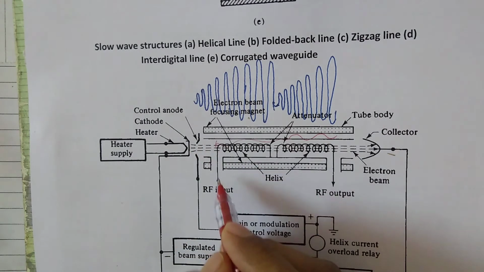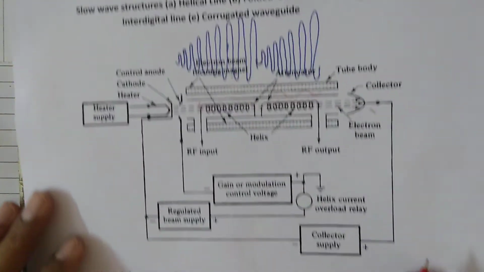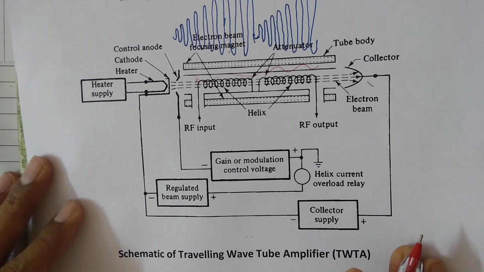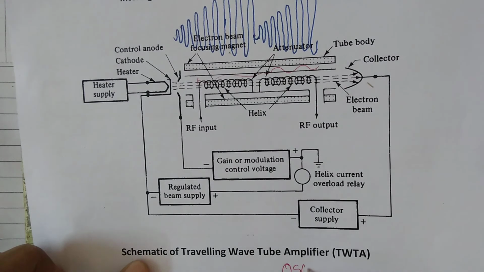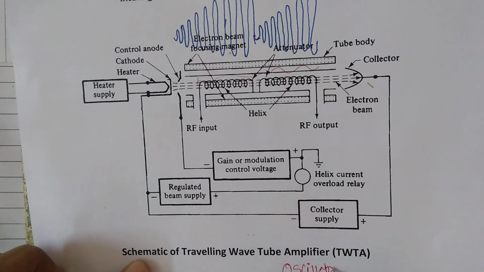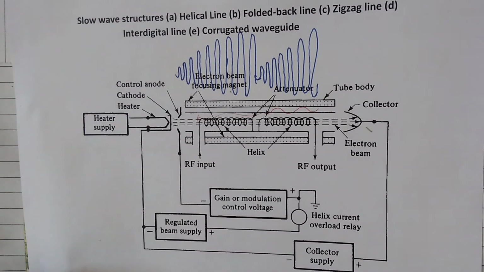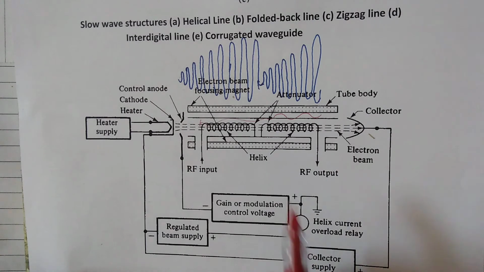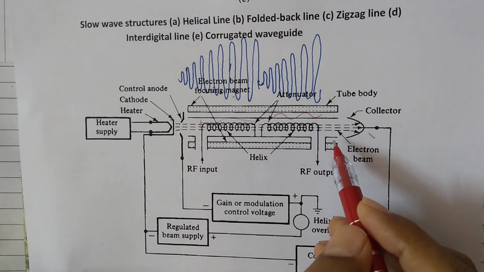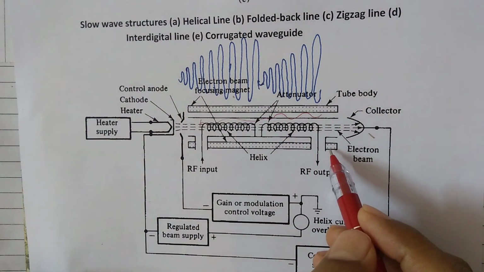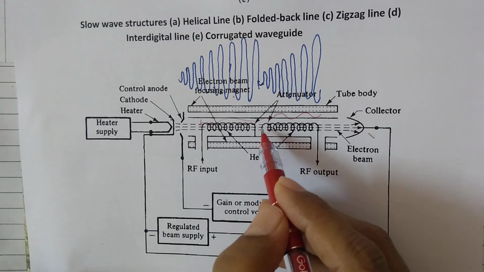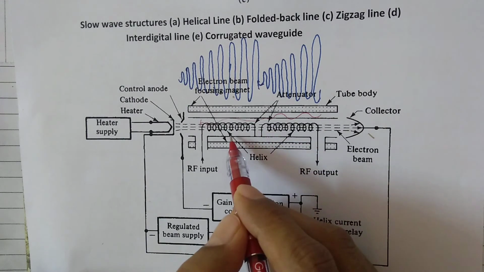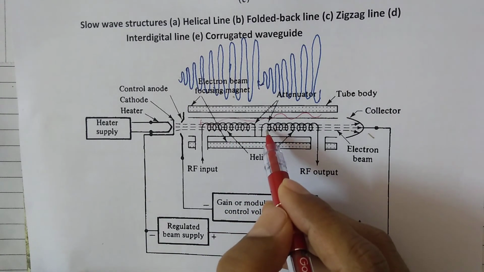Even though this is an amplifier, if any reflections from the load reach the source, this amplifier can start giving oscillations, so it could become an oscillator. To avoid that, to stop any reflections which have started because of the impedance mismatch from the load before reaching the source, we have placed attenuators after traveling some distance in between this tube.